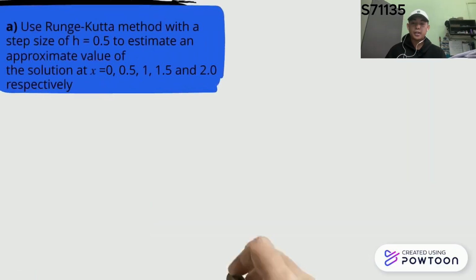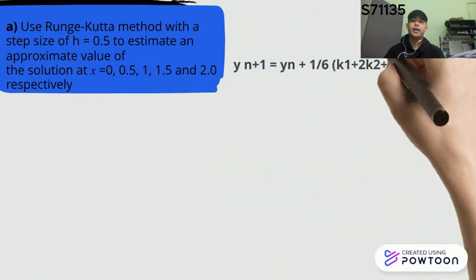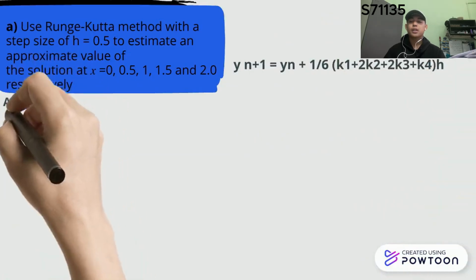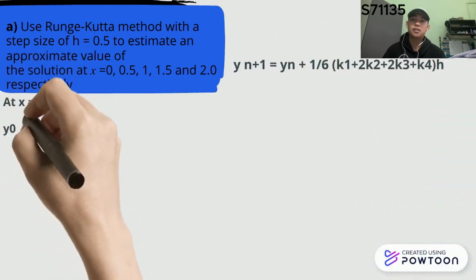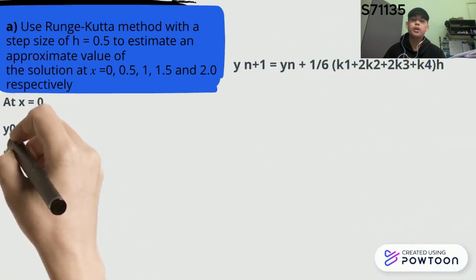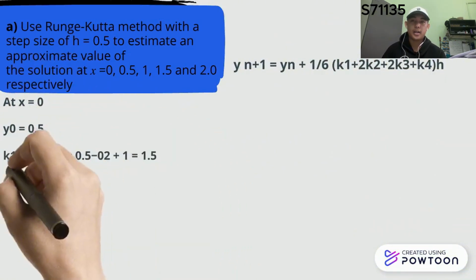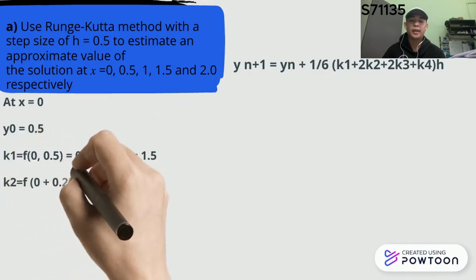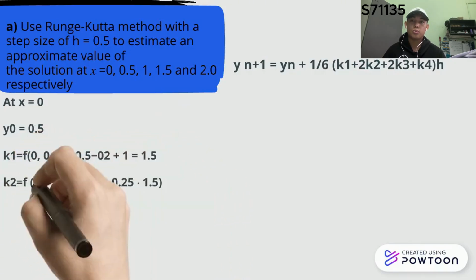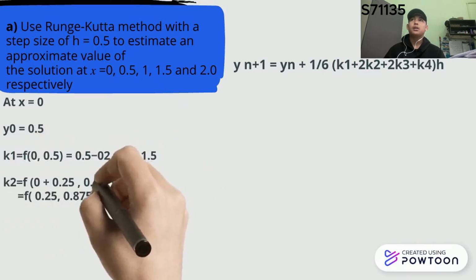Next is where the values of x and y come from. The first one, we have the initial values. The starting point is given as x0 equals 0 and y0 equals 0.5.